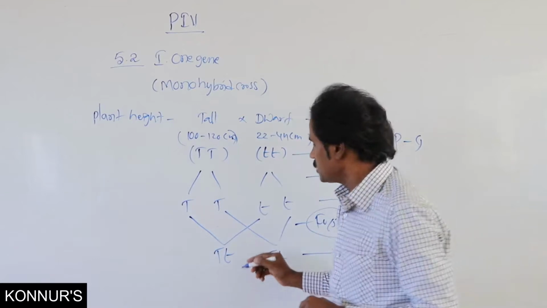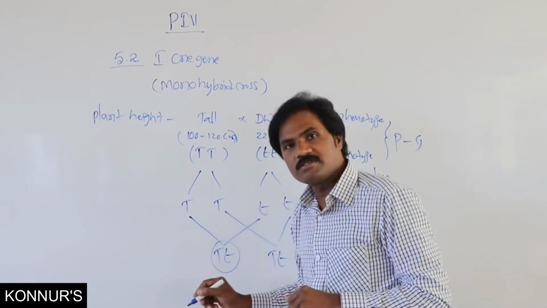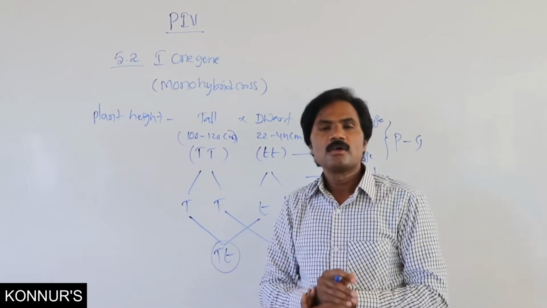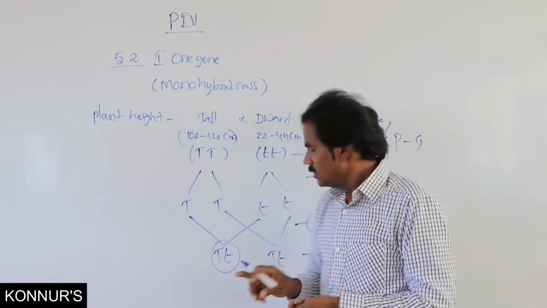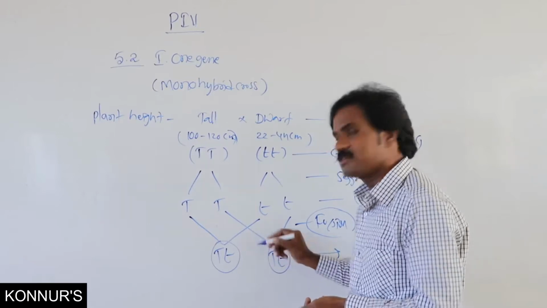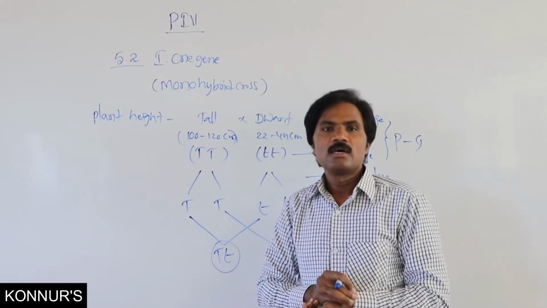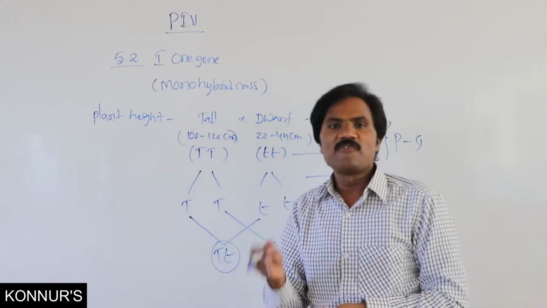What type of hybrids are present? That is capital T small t. It represents the heterozygous state. Then the F1 hybrid is self-bred.